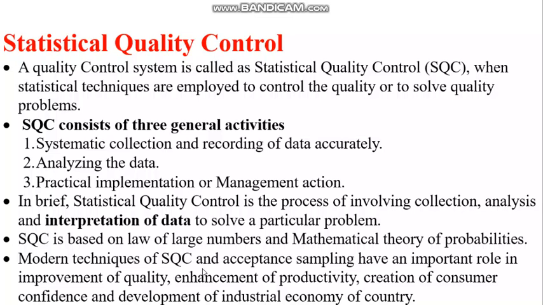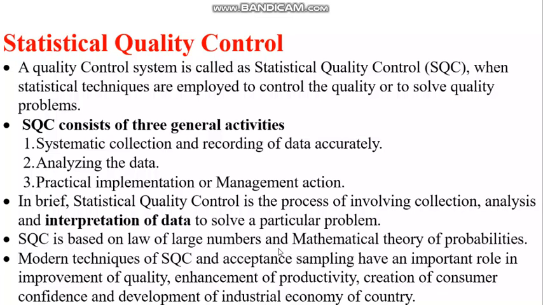Modern techniques of statistical quality control and acceptance sampling have an important role in improvement of quality and enhancement of productivity, creation of consumer confidence, and development of industrial economy of the country. Here, one is the statistical quality control technique, the other is acceptance sampling. Now you may say, what is acceptance sampling?